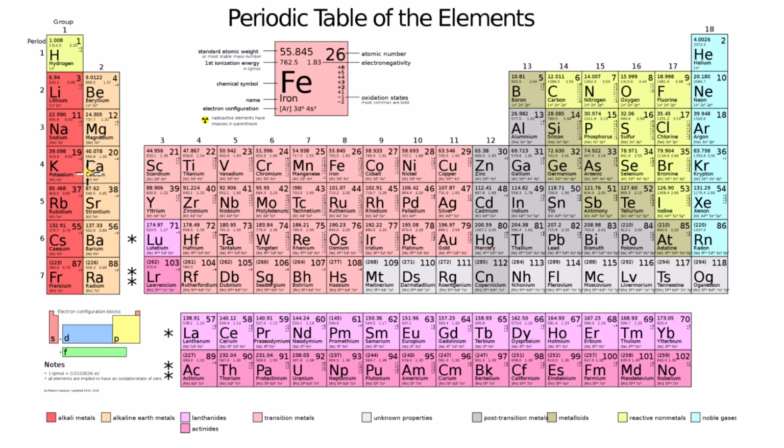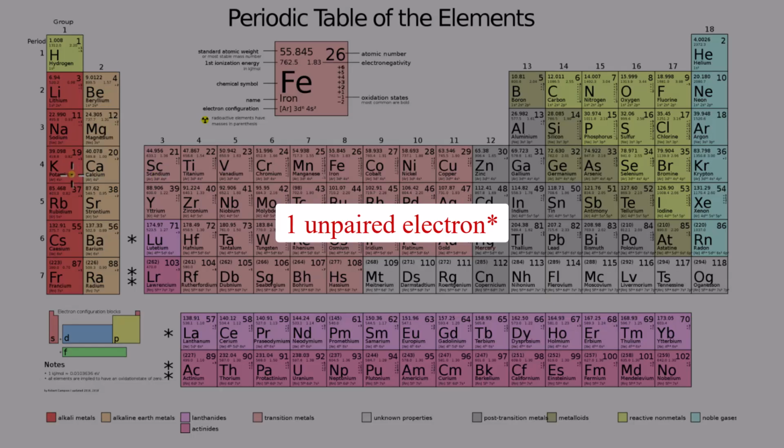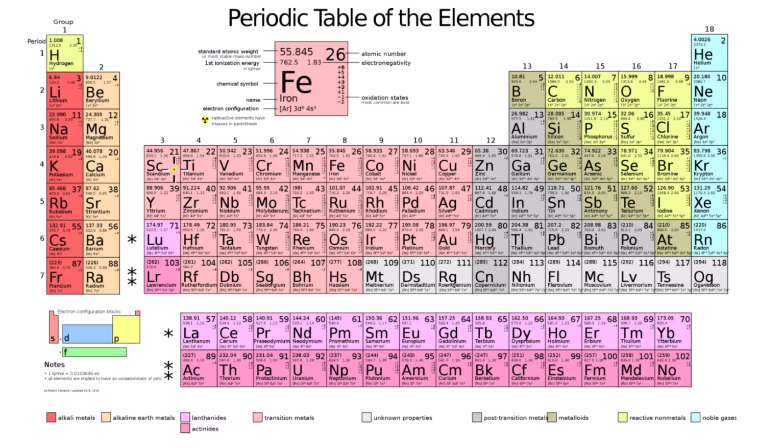So it's more favorable, kind of in line with Hund's rule, to take one of these electrons from the 4s orbital and use it to fill that 5th d orbital, so you have 5 unpaired d orbital electrons and 2 unpaired 4s electrons. This only becomes favorable when you get to chromium and you've got that one empty orbital, so you can take that one electron and put it in that empty orbital.